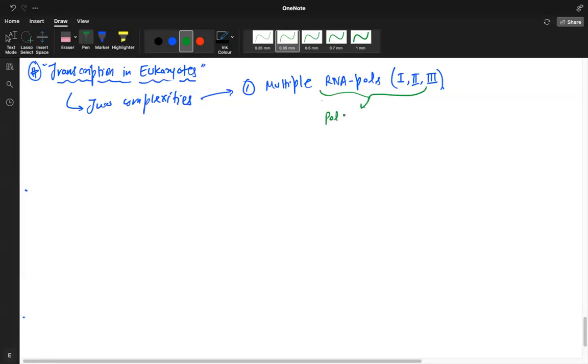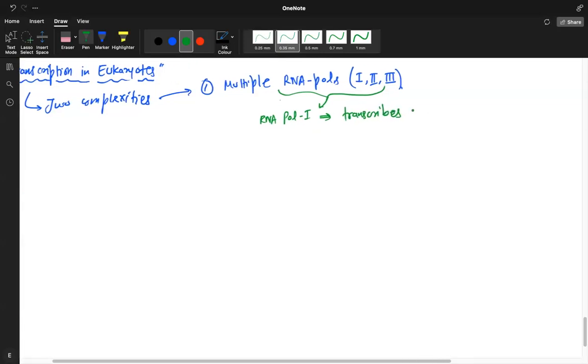So I'll write pol 1. RNA pol 1 helps in the transcription of rRNAs. Remember, I told you there are many different kinds of RNAs that are transcribed.